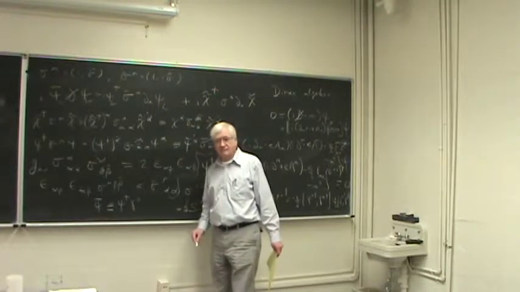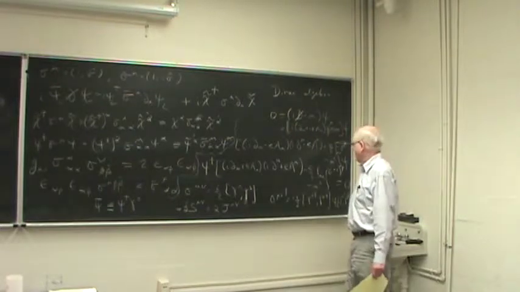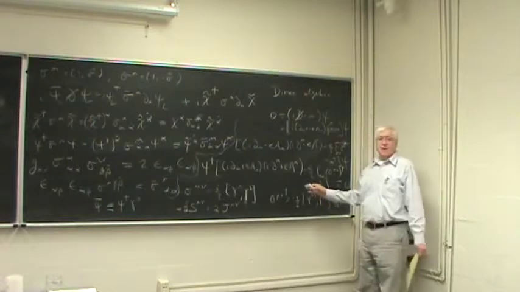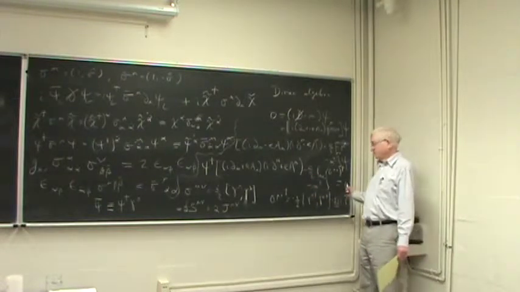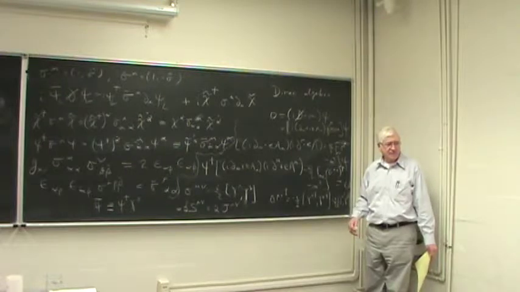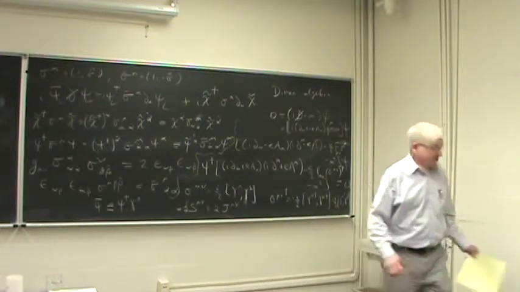So I'm going to stick in a gamma 0 squared there, and if we have an equation, something equals 0, we can always multiply both sides by gamma 0 from the right.